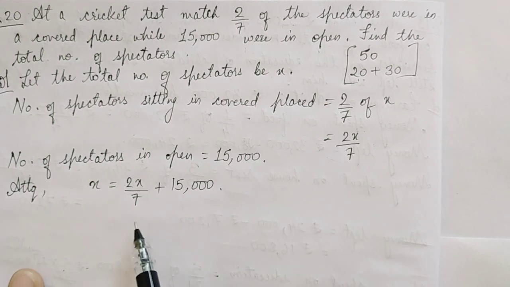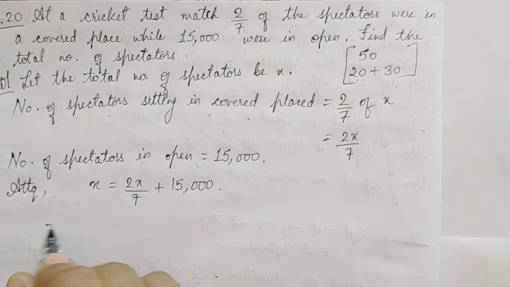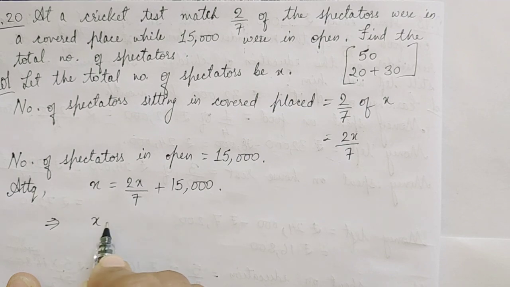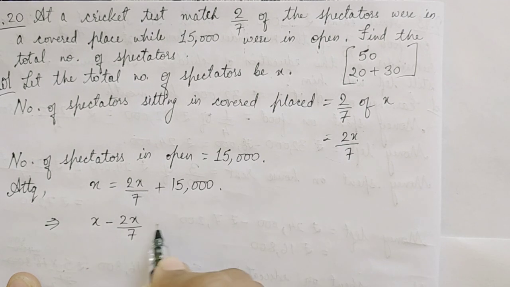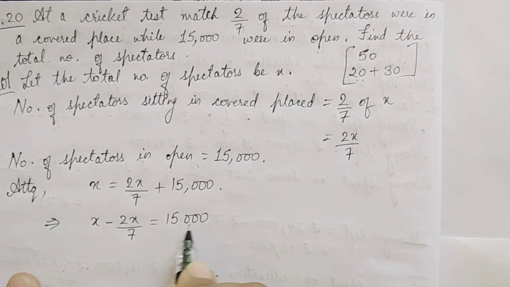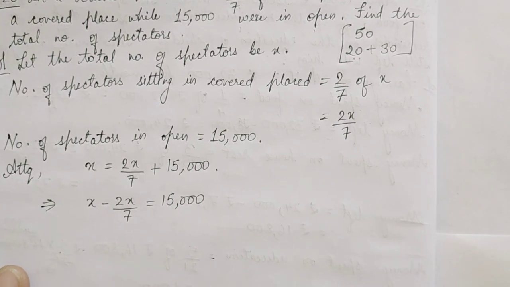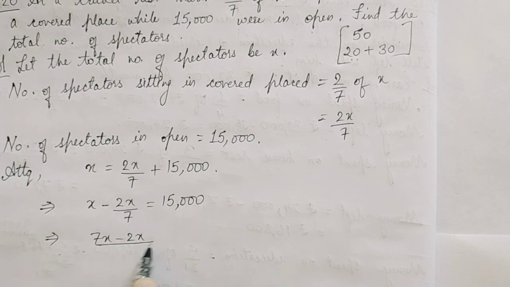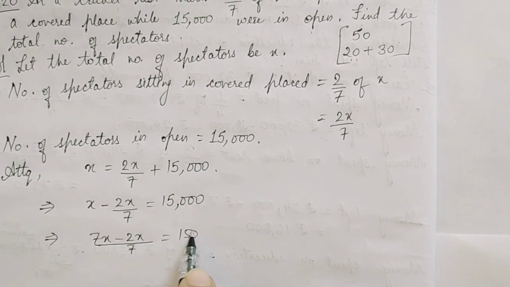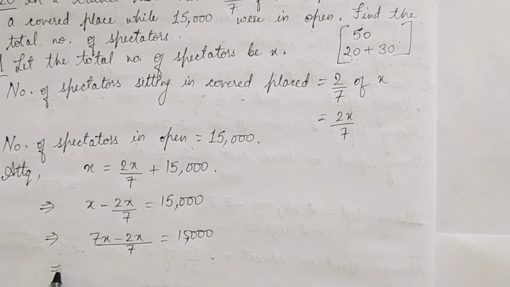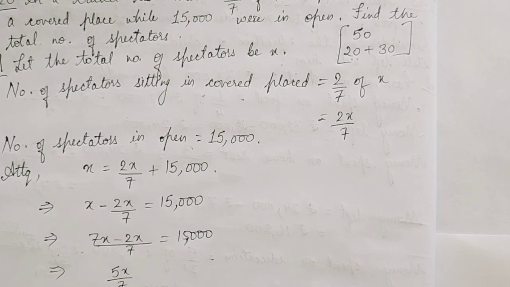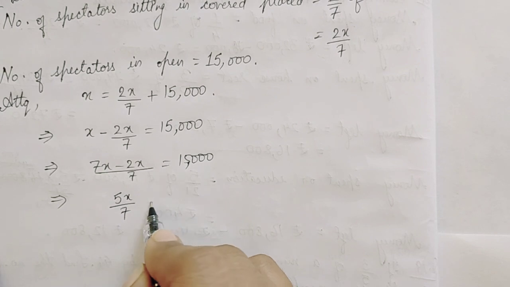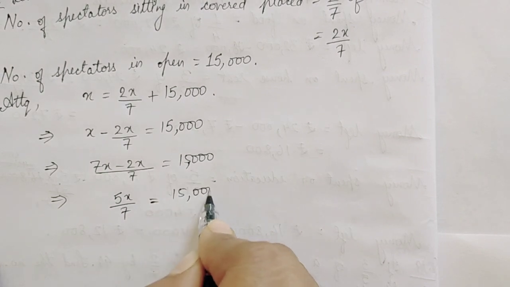Now we shift the x terms to one side. So x minus 2x upon 7 is equal to 15,000. Now take LCM: 7x minus 2x upon 7 equals 15,000. 7x minus 2x is 5x upon 7, equal to 15,000.